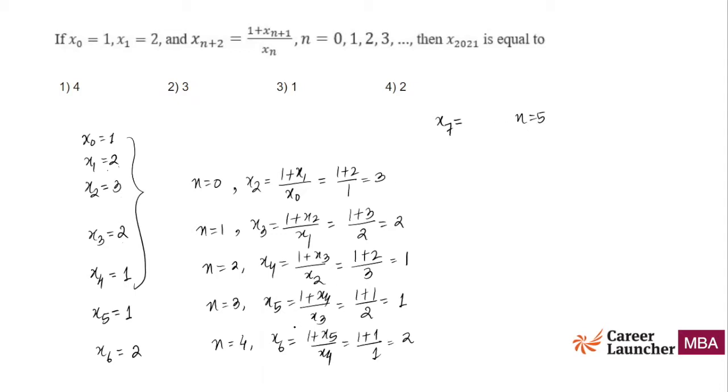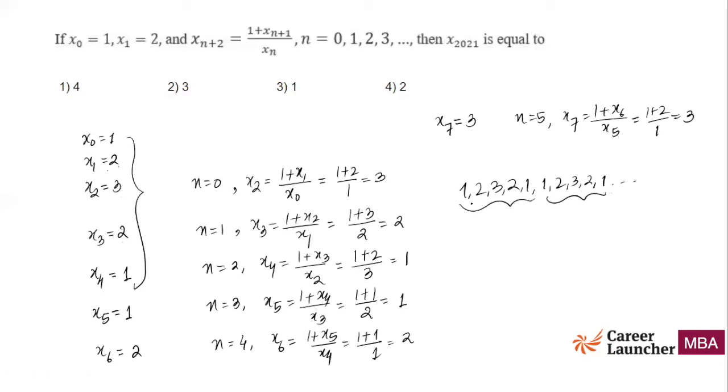If I put n is equal to 5, then I will get x7 is equal to 1 plus x6 upon x5. x6 we just saw is 2, and x5 was 1, and great, we got this as 3. So this series is more like 1, 2, 3, 2, 1, 1, 2, 3, 2, 1. So it's a series where you have 5 terms getting repeated.